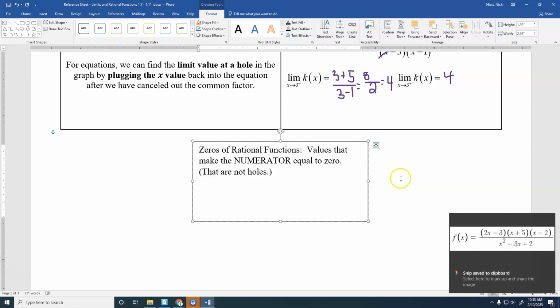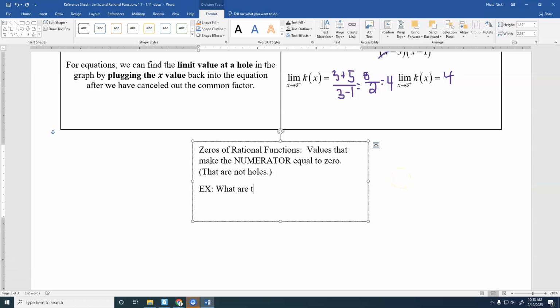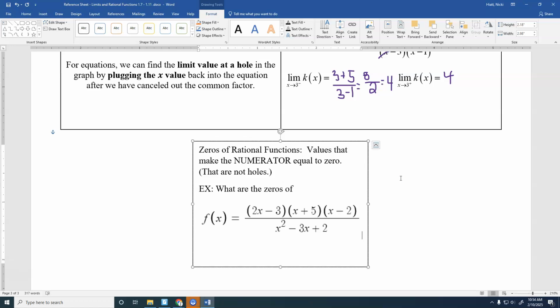For example, what are the zeros of this equation?